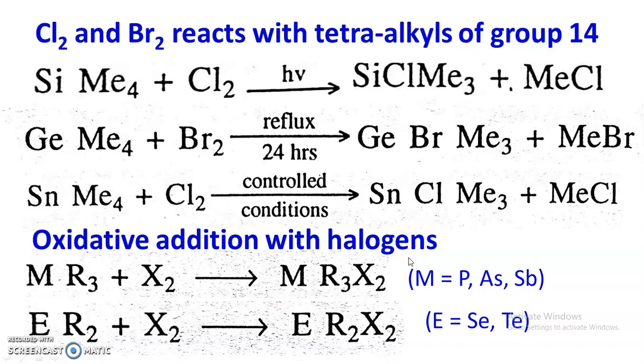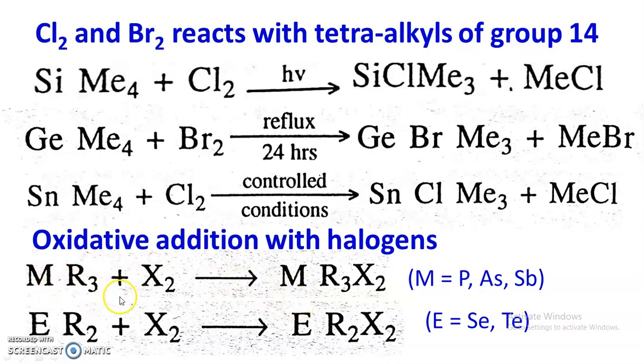Now here, trialkyls of phosphorus, arsenic, antimony, when they react with halogen, the two halogens are directly attached to the metal, and the oxidation number, or sorry, coordination number of the metal gets expanded.